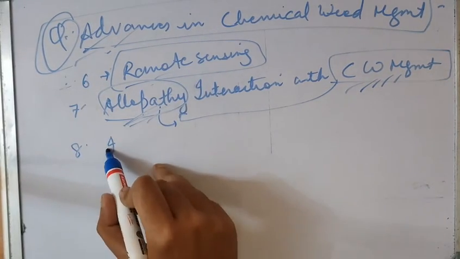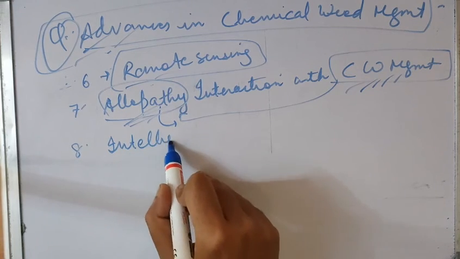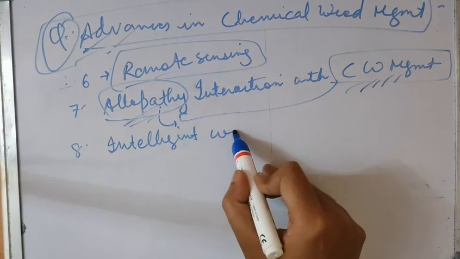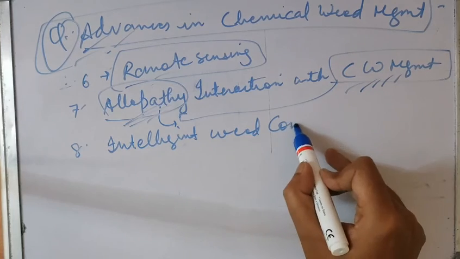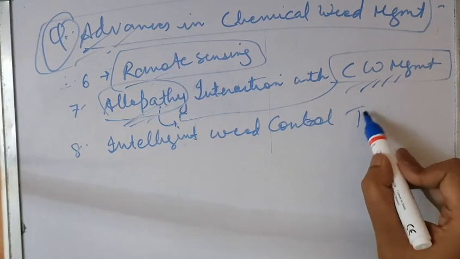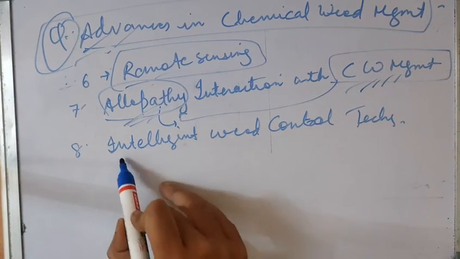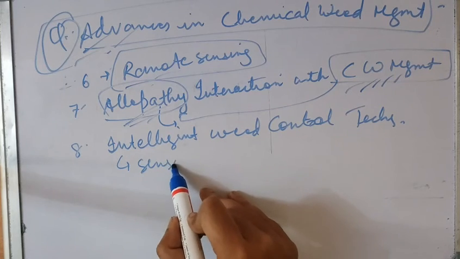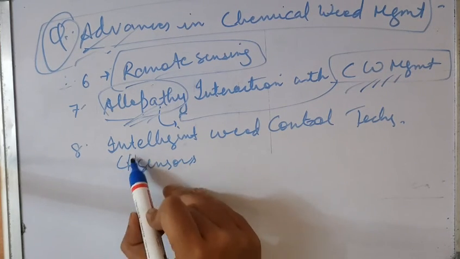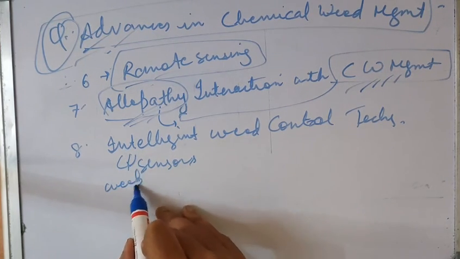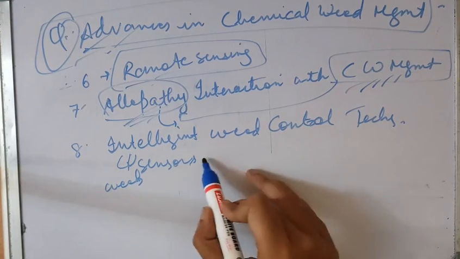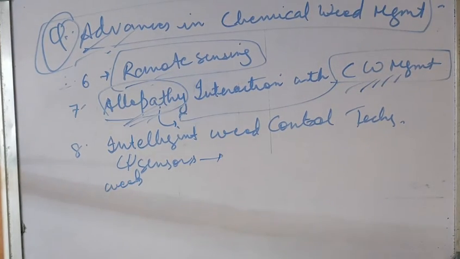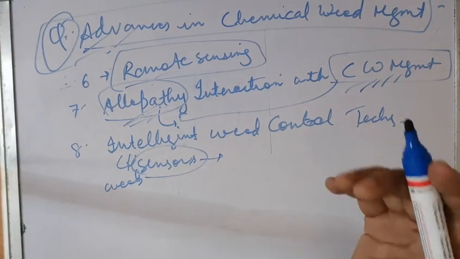We have got some intelligent weed control technologies. Intelligent weed control technologies we are using in recent times. For example, sensors, or we can say weed sensors. With herbicide sprayers, the sprayer through the sensor can get the amount of herbicide required to kill that weed.